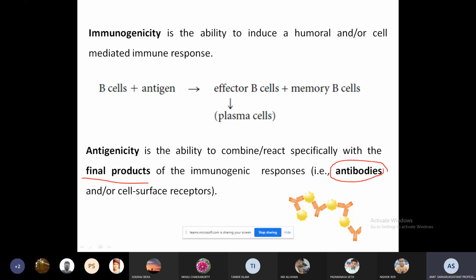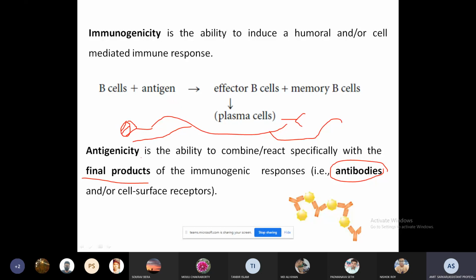Okay, so you remember what I said, this plasma cell will produce antibody, and this antibody looks for the same specific type of antigen everywhere in the system, and this antibody will bind to this antigen. So what is it doing? It is binding to the final product. So that is showing antigenicity. In the other case, they showed immunogenicity.